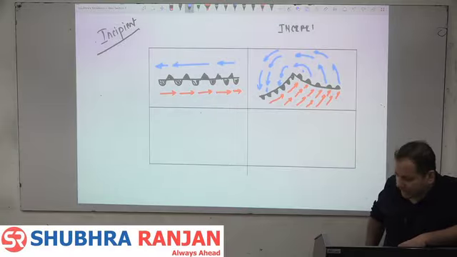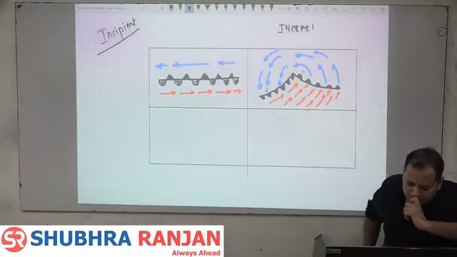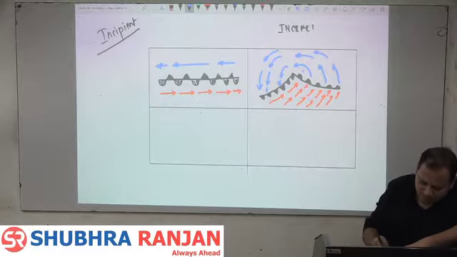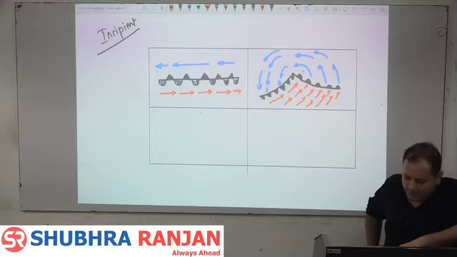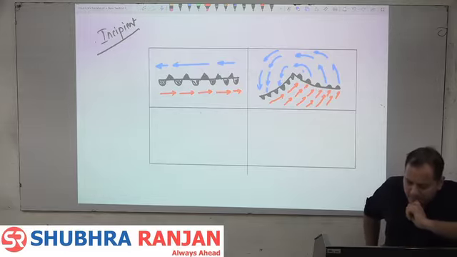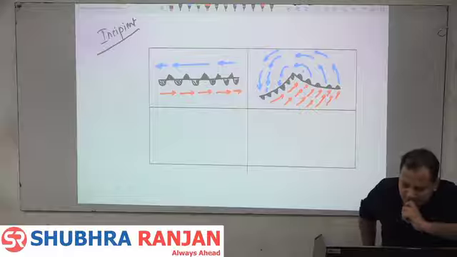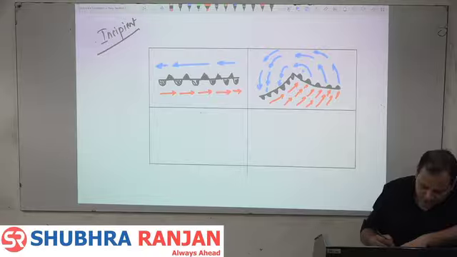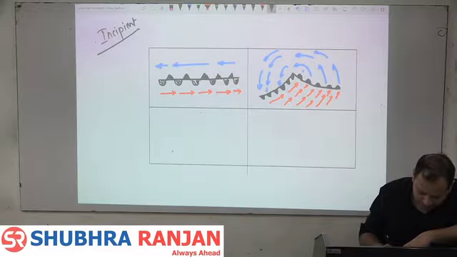The warm sector is narrowed down. You know now what is warm sector? The warm sector is narrowed down due to the advancement of the which front? Due to advancing cold front, giving rise to a proper cyclone.